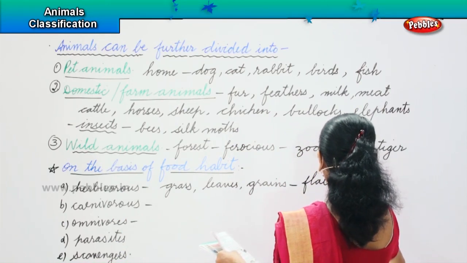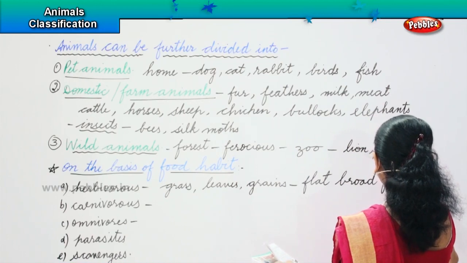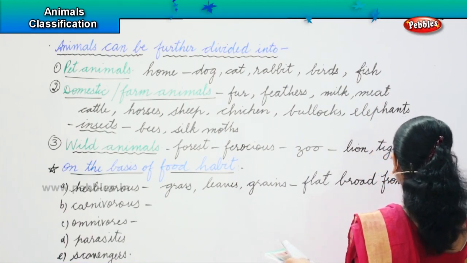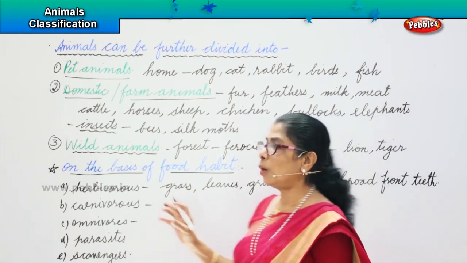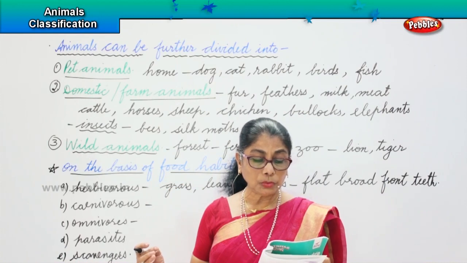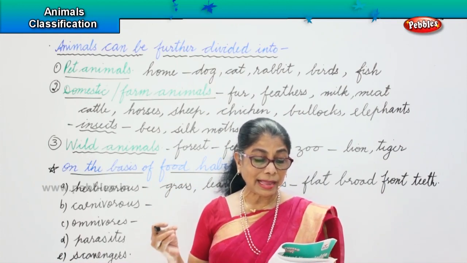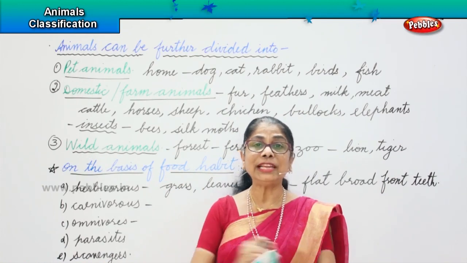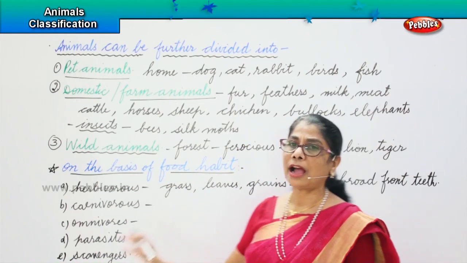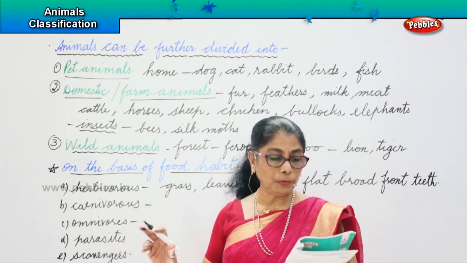That is how we describe a herbivore. Now, what are those animals who eat these leaves and grass? Who come under this category? Cow, sheep, camel. They are all herbivores.